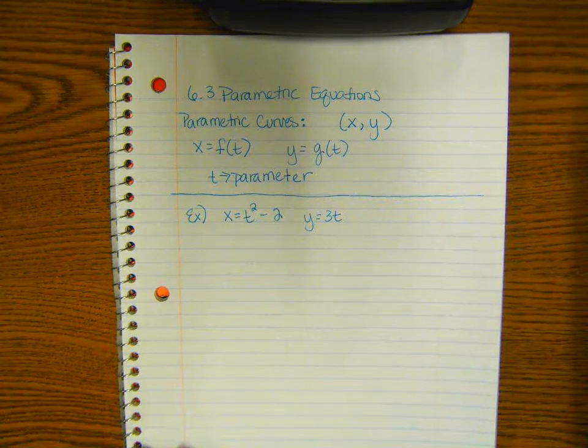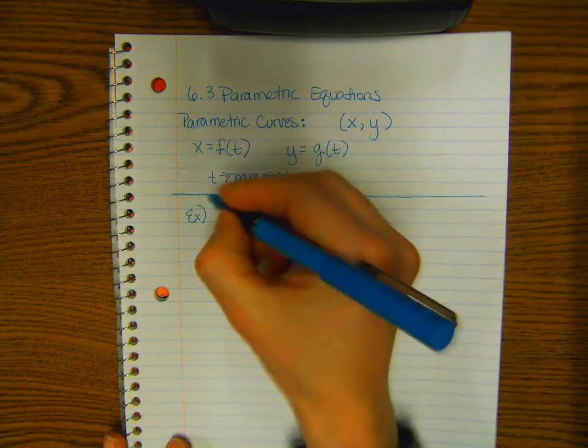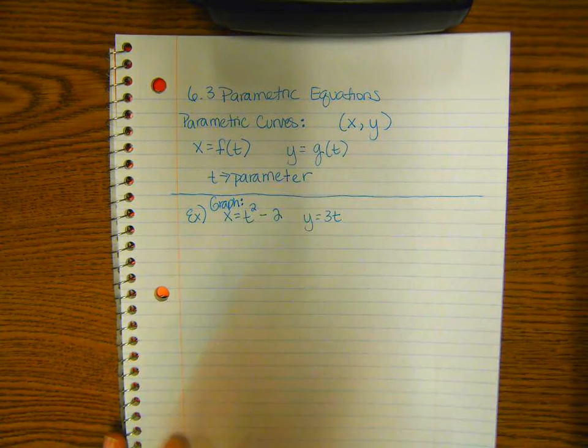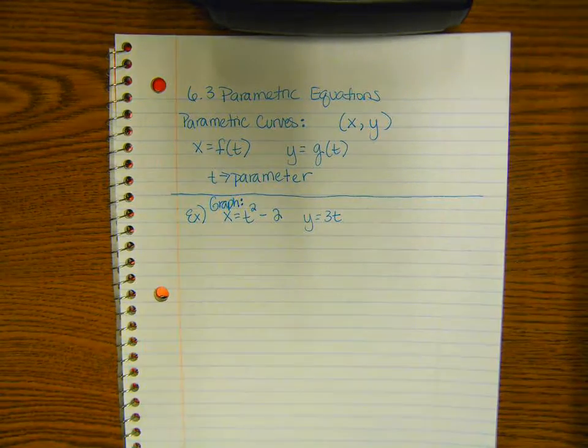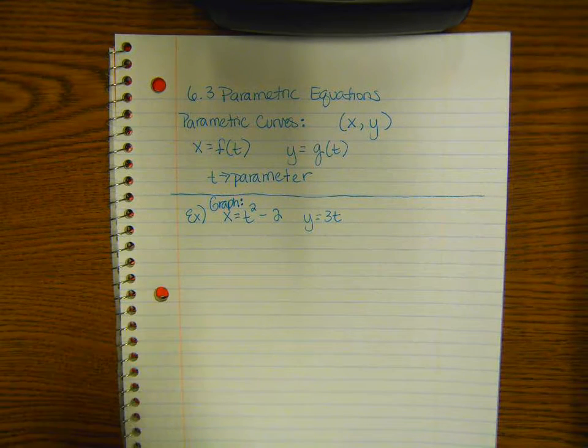Okay. And what we're going to do is we're going to graph these. And I'm going to give you some points that we're going to plug in. Okay, so let's graph it. I would have to give you a range for t, because t can be anything.